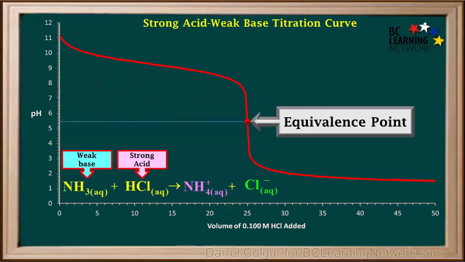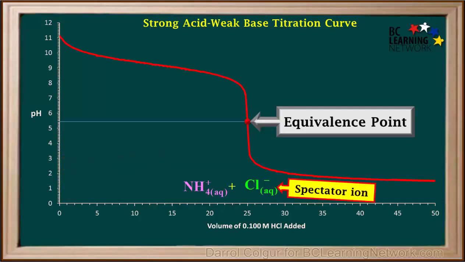Looking at the balanced equation for this titration reaction as an example, at the equivalence point, the weak base, NH3, reacts completely with the strong acid, HCl. So the two reactants are completely consumed. And all we're left with is a spectator ion, Cl- in this case, and an acidic cation, NH4+ in this case.